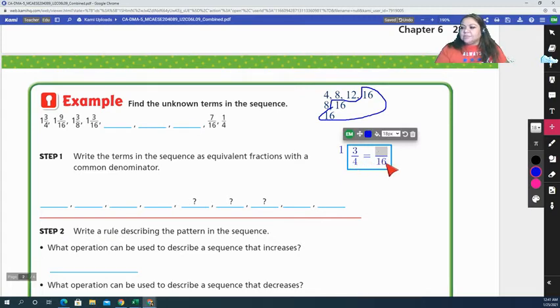To get to 16, my denominator, I needed to multiply by 4. 4 times 4 is 16. So now I'm going to multiply 3 times 4. 3 times 4 is 12. So my numerator is 12. My fraction is 12 sixteenths. 1 and 12 sixteenths, right? So my first term would be 1 and 12 sixteenths. That's the equivalent fraction of 1 and 3/4.